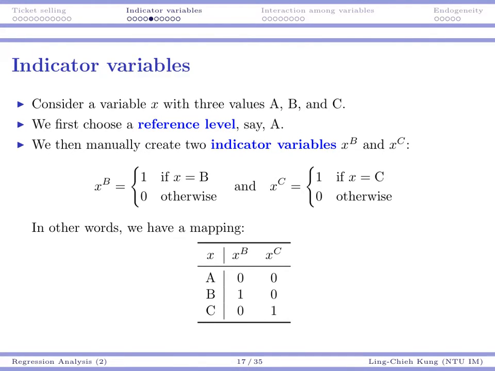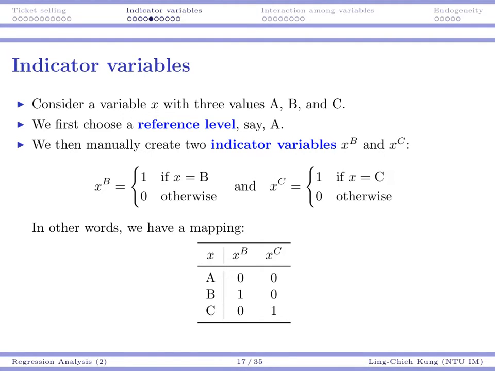Let's say we choose A. And then we need to manually create 2 indicator variables. Let's call them xb and xc. So in any case, if you have n values, you will choose 1 to be the reference level.